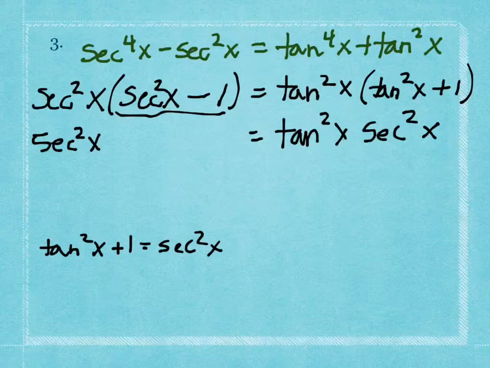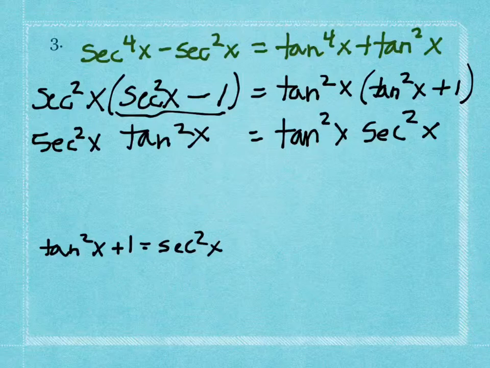So secant squared of x minus 1 is tangent squared of x. And these sides are the same now. I know that they're written backwards, but that's a common property that we're okay with. So these are actually equal, and that's my goal, to show that they're the same. And we did. Okay. Ready for the next one?